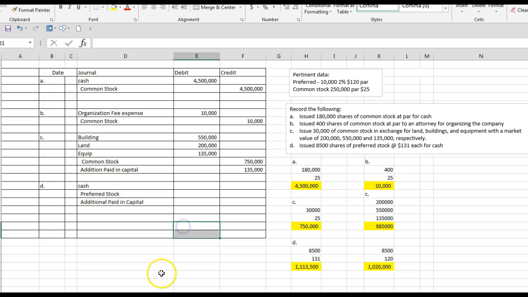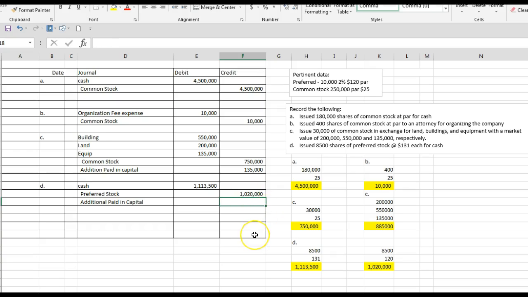So what kind of money am I getting here? I've got cash. 8,500 times 131 equals $1,113,500. Yeah, one too many ones. And preferred stock, its par is 120, so I have to multiply 8,500 times 120, and that comes to 1,020,000.